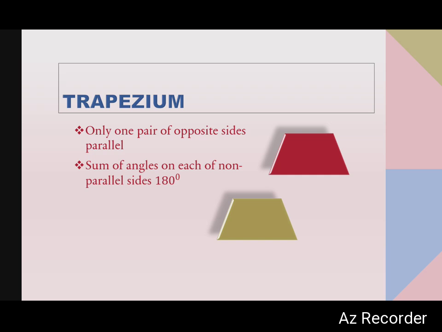Next is the trapezium. A trapezium is a quadrilateral with only one pair of opposite sides parallel. This is a trapezium.